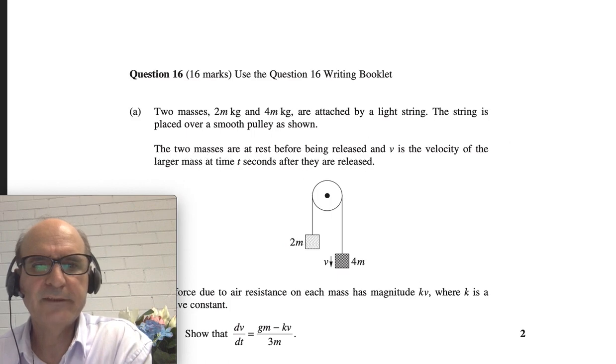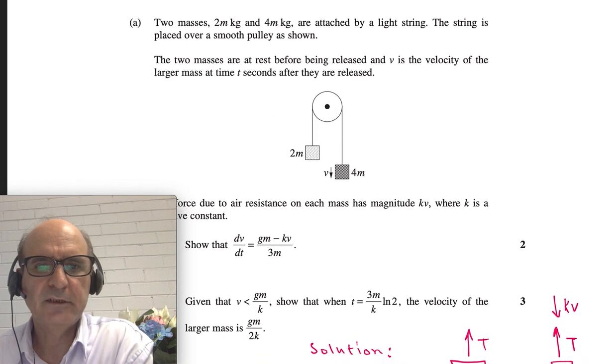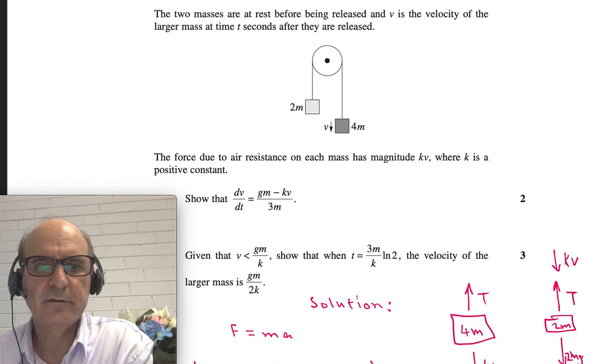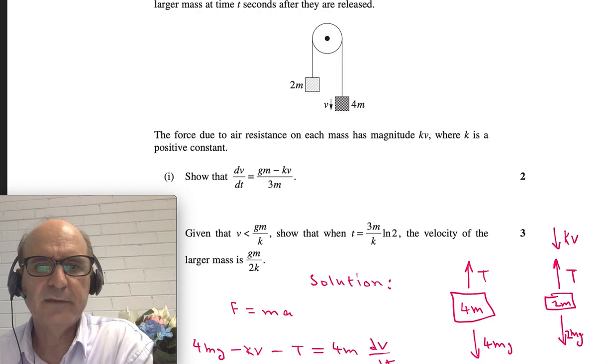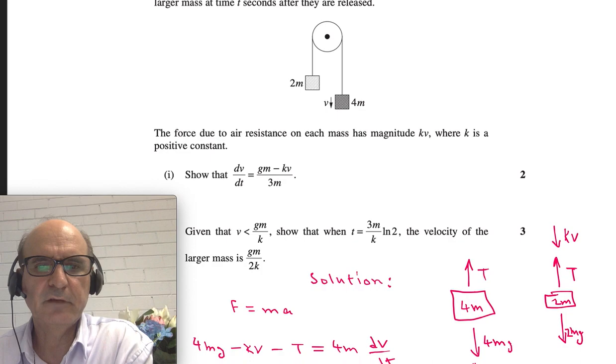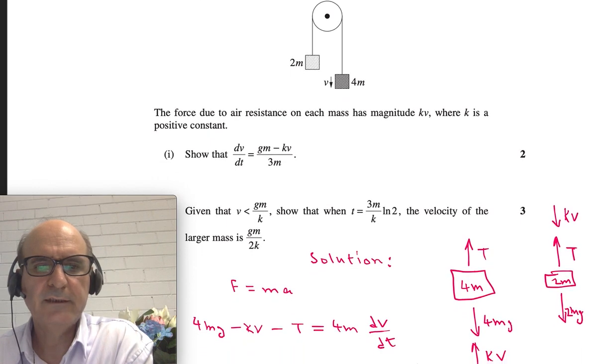The two masses are at rest before being released, and v is the velocity of the larger mass at time t seconds after they are released. The force due to air resistance on each mass has magnitude kv, where k is a positive constant. Show that dv/dt is equal to (gm minus kv) over 3m.